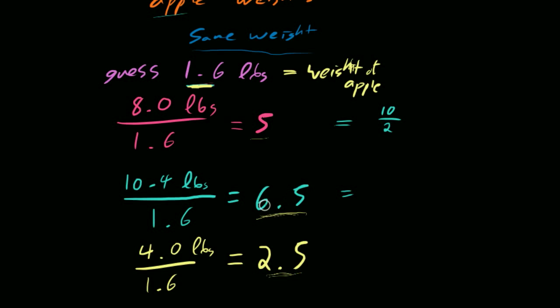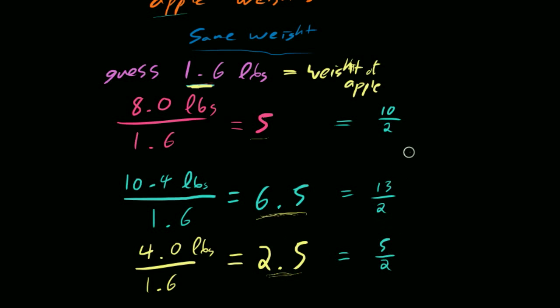Well, it's going to be 13, right? Because 6 times 2 is 12, plus 1 more half. That's going to give us 13 halves. And then finally, 2 times 2, so 2 divided by 1/2, plus an extra half, so we're going to have 5 halves here.